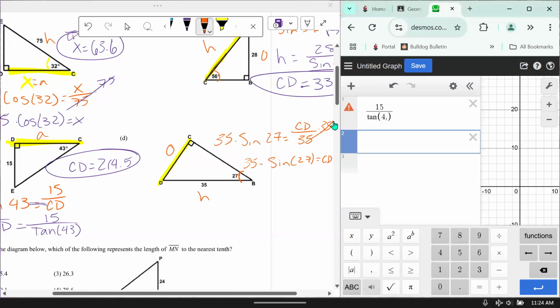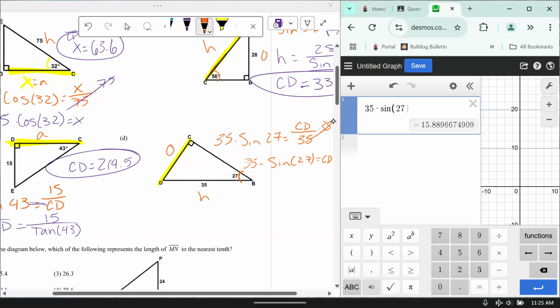Okay, so 35 times sine of 27. No, go back. Where's my little back button? 27. And that gives us 15.89. So CD equals 15.89.